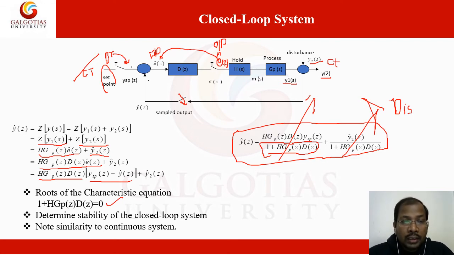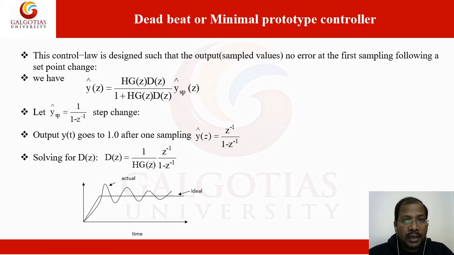Note the similarity to the continuous system. In another case, in place of this we get the feedback gain and G. So using this characteristic equation we can analyze the stability of this system on the Z plane.